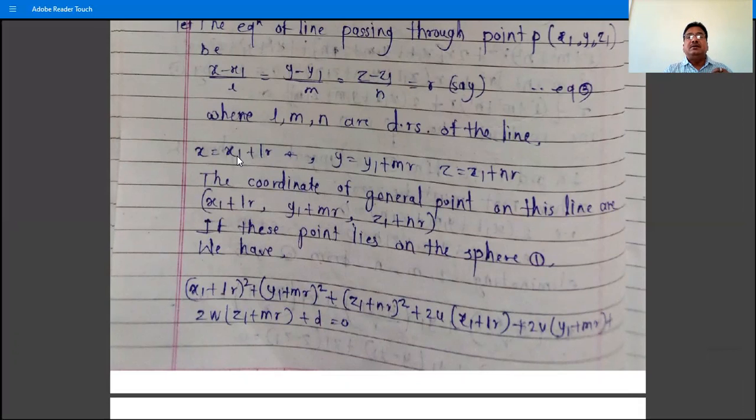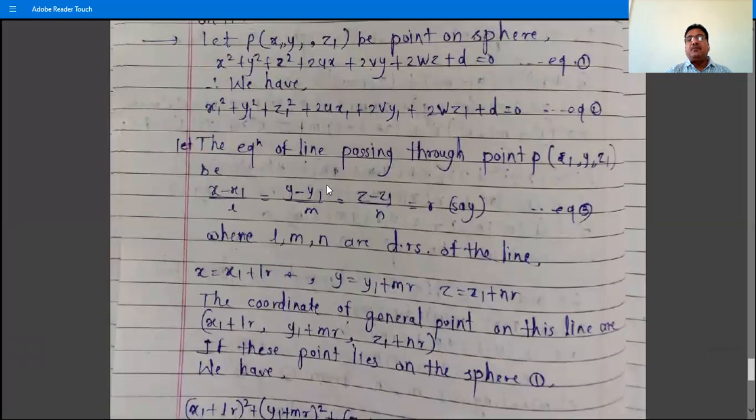This is the equation of the line passing through this point in symmetrical form. Obviously this point P(x1, y1, z1) is a point on the sphere, therefore this line becomes a tangent line to the sphere. Now we will find the locus of this line.